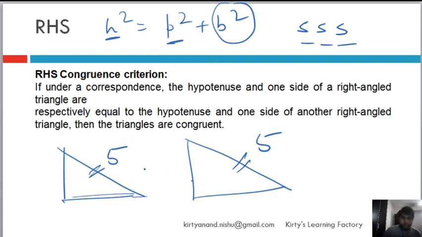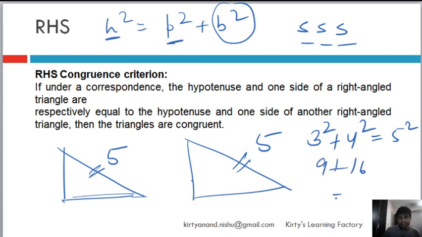And then I can take 2 square plus 3 square, sorry, my bad, this is a classic Pythagorean triplet, 3 square 4 square, this is 9 and this is 16, it is 25, which is 5 square, right? So this side could be 3, this side could be 4. I have got one combination for this one. Fantastic.